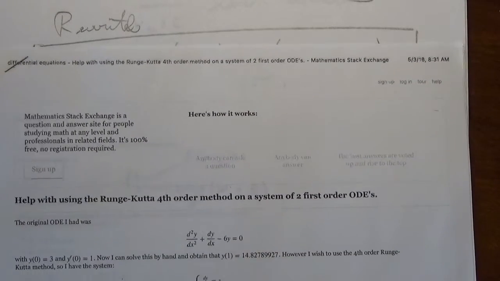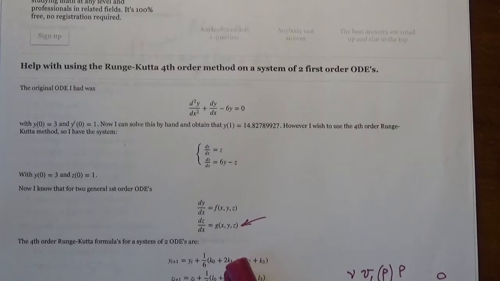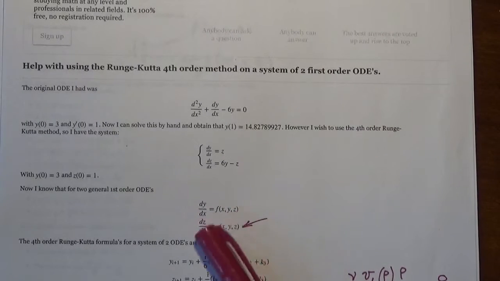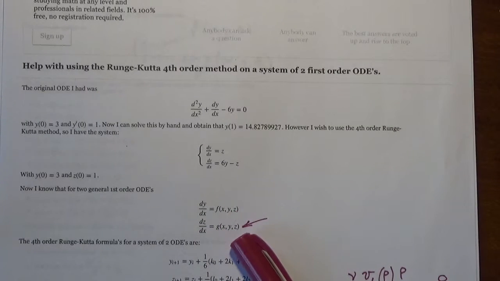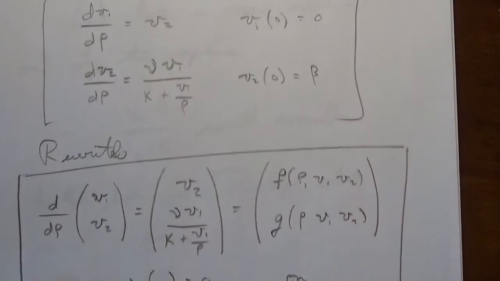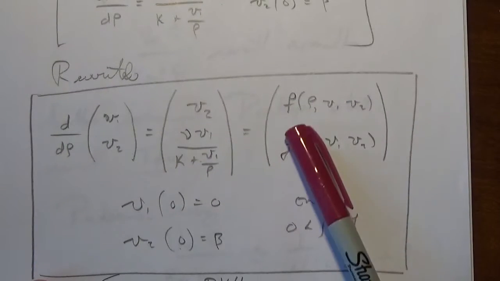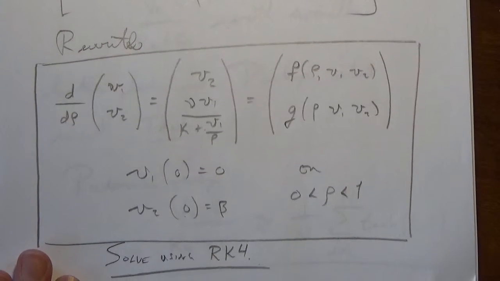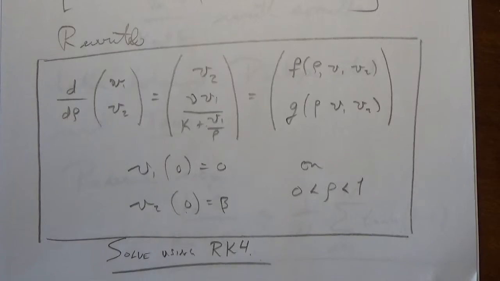This version uses an expression for f and g for the set of differential equations. So I decided that I would write out mine in terms of f and g, so I can just follow the numerics in the example. Runge-Kutta is basically just a little algorithm that you step through to get a solution.